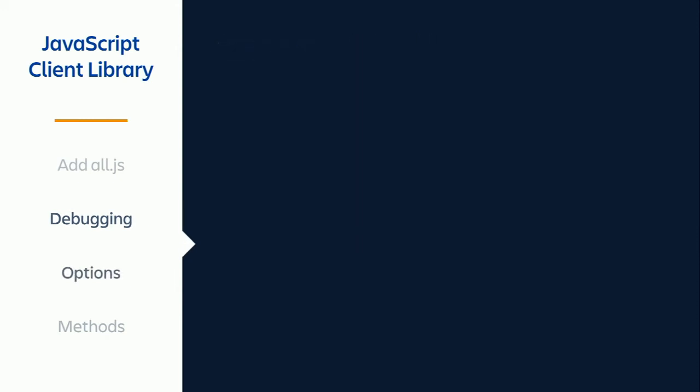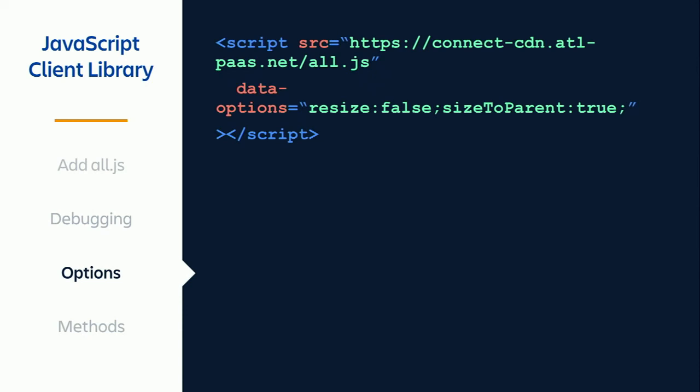The JavaScript library has some configuration options for customizing its behavior. The options are passed using the data-options attribute. So you can deactivate the automatic resizing by setting resize equal to false. With sizeToParent true, the iframe will take up its parent space.